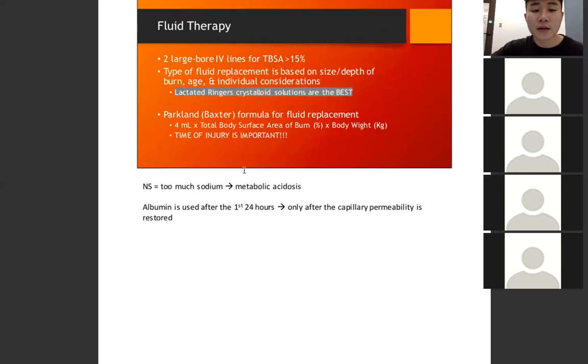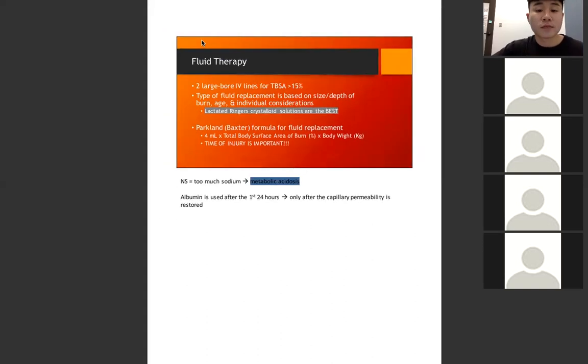Yes, I think you're right. Let me think about it. Normal saline, too much sodium. I think metabolic acidosis is the wrong one. It will be alkalosis.